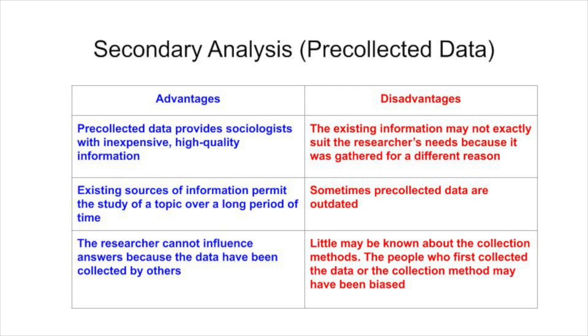And you can use existing sources without redoing it, and you can have information over a long period of time. And the researcher cannot influence the answers because it's already been collected.